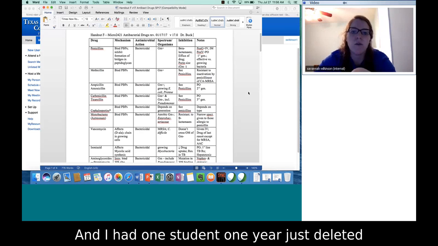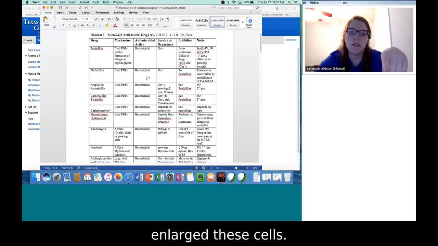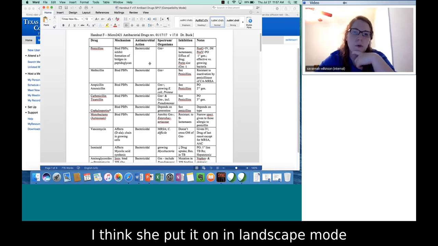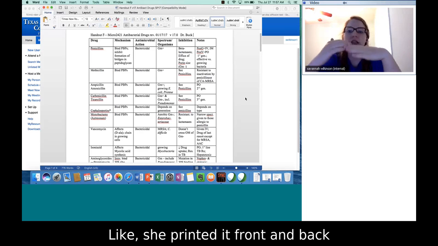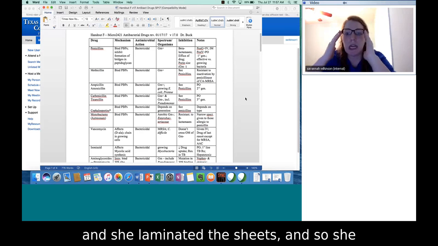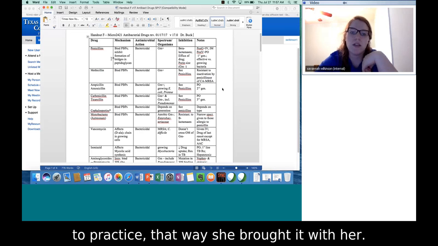And I had one student one year that deleted all these in the cells and just enlarged these cells. I think she put it on landscape mode, I think is what she did. And she printed it front and back, and she laminated the sheets, and so she had an expo marker, and she'd write in all of this to practice. That way she brought it with her.